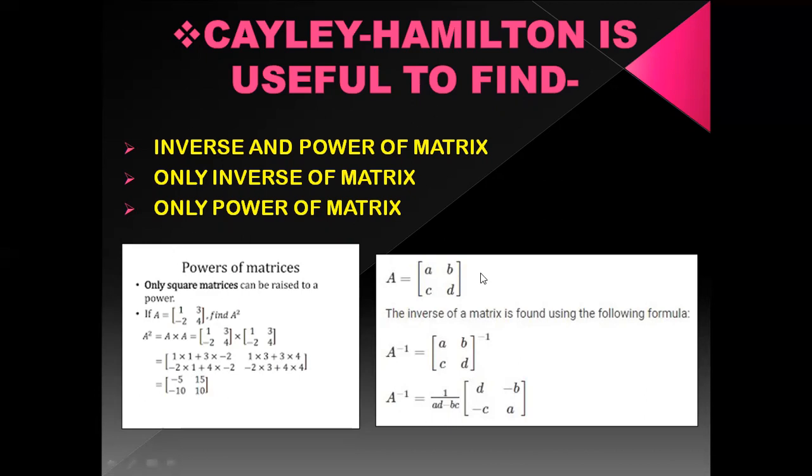Just like I have shown in these pictures, it is useful to find the power of the matrix over here, and here it's useful to find the inverse of the given matrix, and also it is useful to find only the inverse of the matrix. And the third one is it is also useful to find only the power of a matrix. So these are the three things which the Cayley-Hamilton theorem is useful to find.